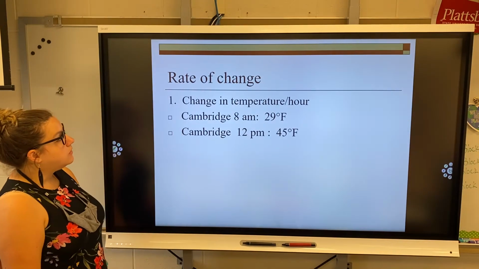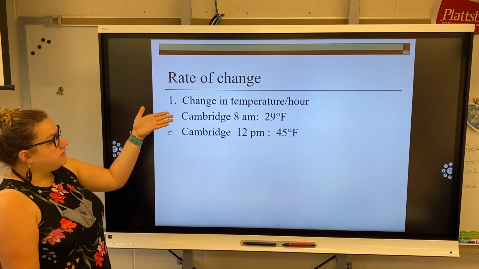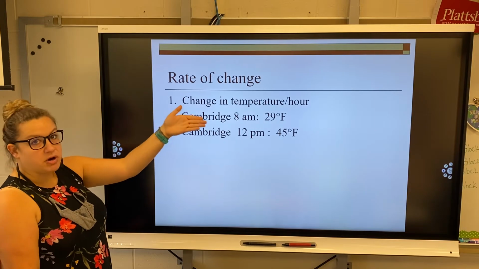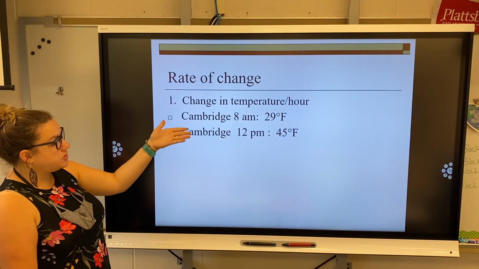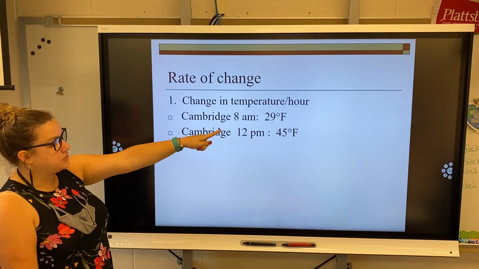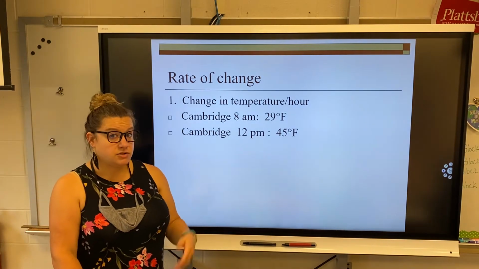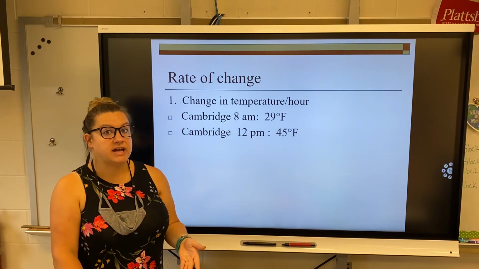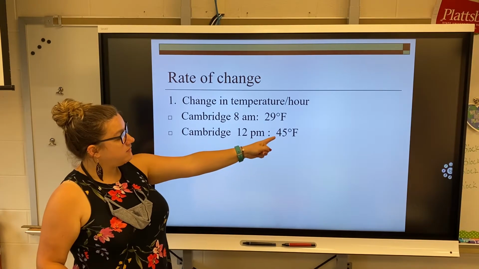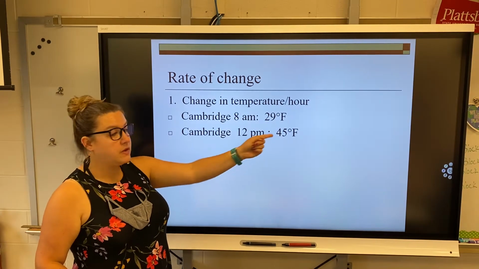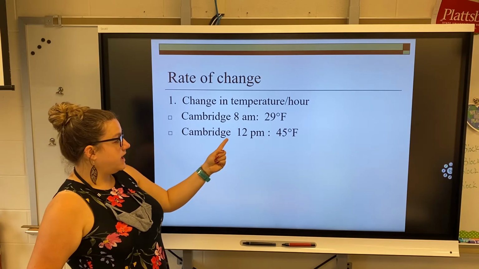Okay, so for example, they want to figure out the change in temperature per hour. I know that in Cambridge at 8 a.m. it was 29 degrees Fahrenheit, and in Cambridge at 12 p.m. it was 45. So change in value over change in time: I would take 45 and subtract 29, and then divide it by however long it took.